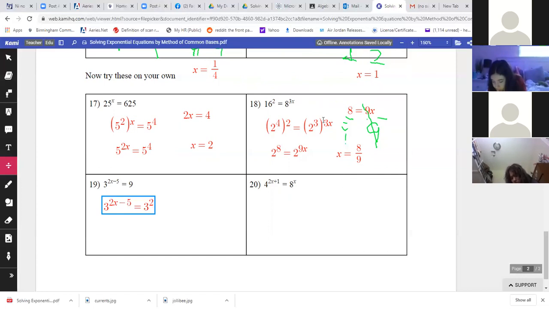Since they have the same base, I'm just going to set the exponents equal to each other. So this would just be 2x minus 5 is equal to 2.